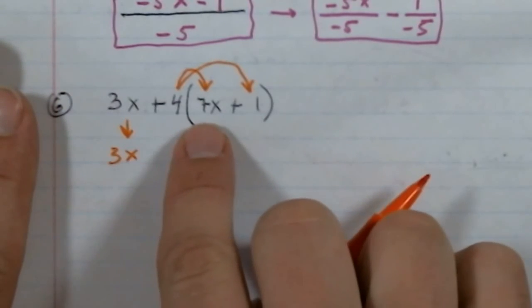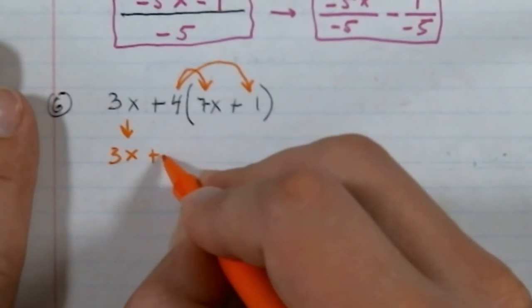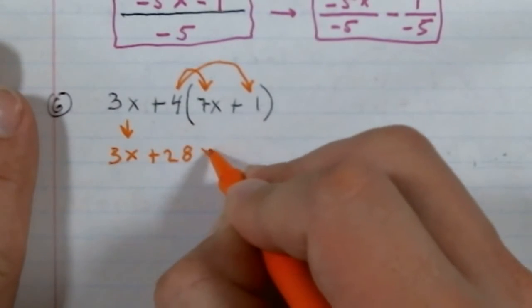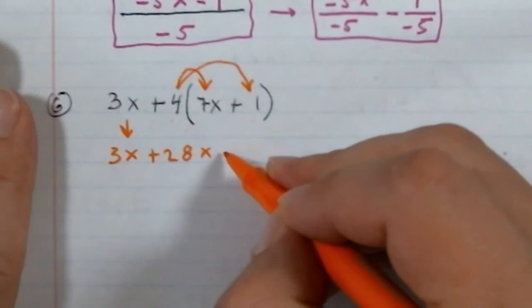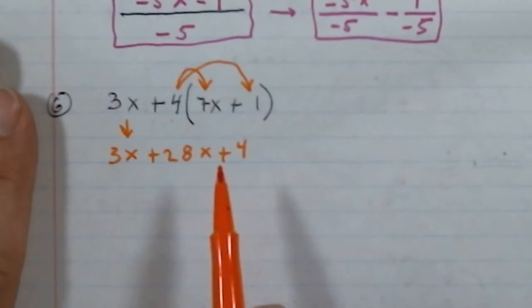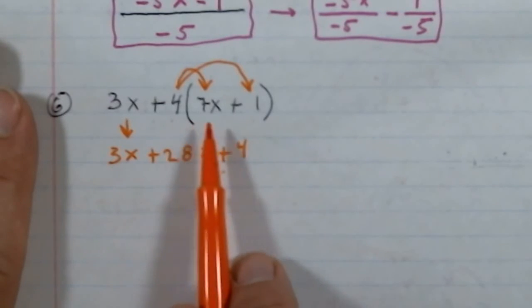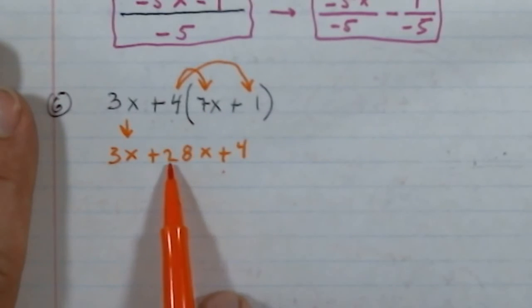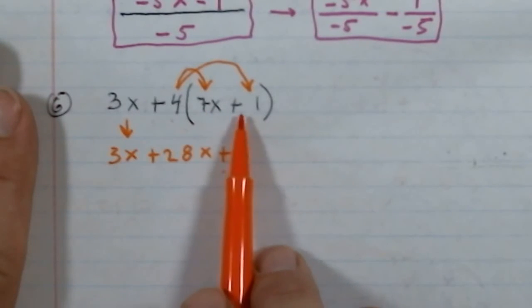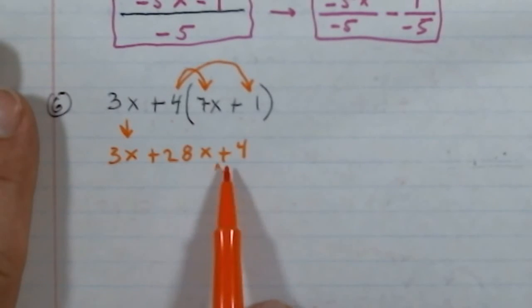So 4 times 7 is positive 28x. 4 times 1 is plus 4. And you see how I'm writing that plus 4 right there? It has to come out very similar to that. See how this is a plus in there? There has to be a plus there. See, it's separated by that addition. So be very careful of that.